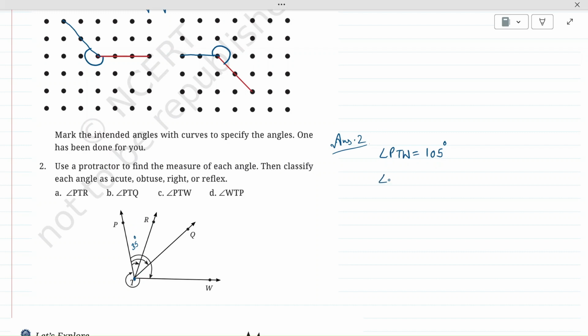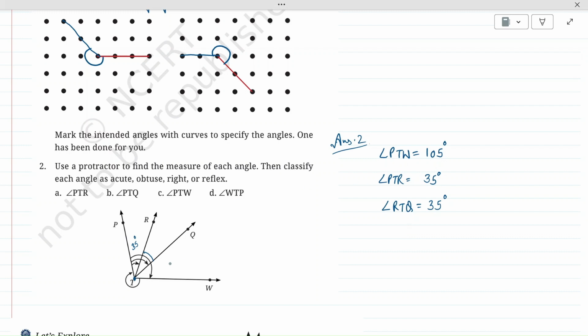So I can write angle PTR is 35 degrees. Also, to find angle RTQ, we will keep the protractor here and one line in line with the arm TQ and we can find this angle. Angle RTQ will also turn out to be 35.